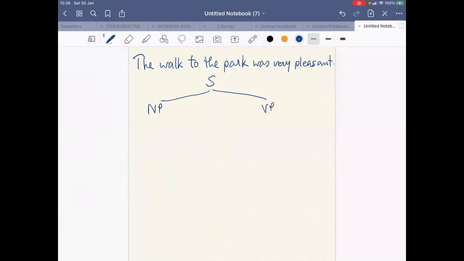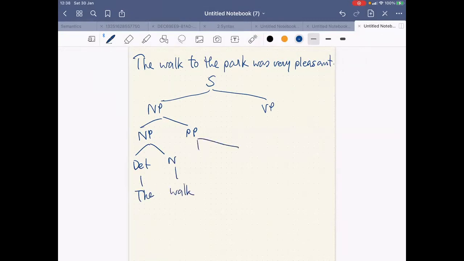The NP would branch into two branches, which is NP and PP. Then we have the determiner there and the N walk.